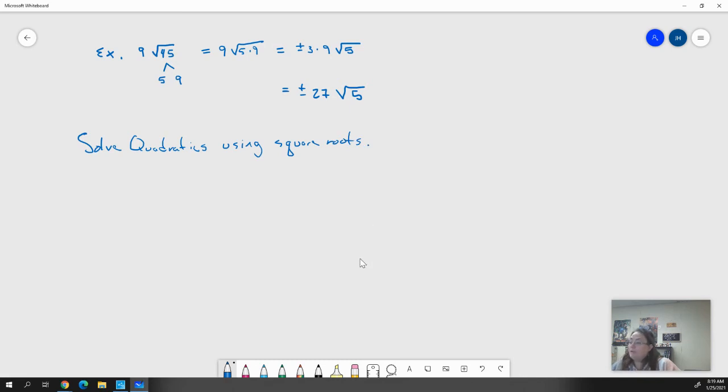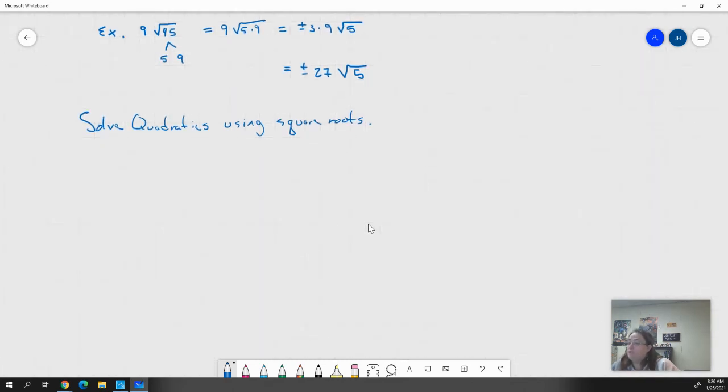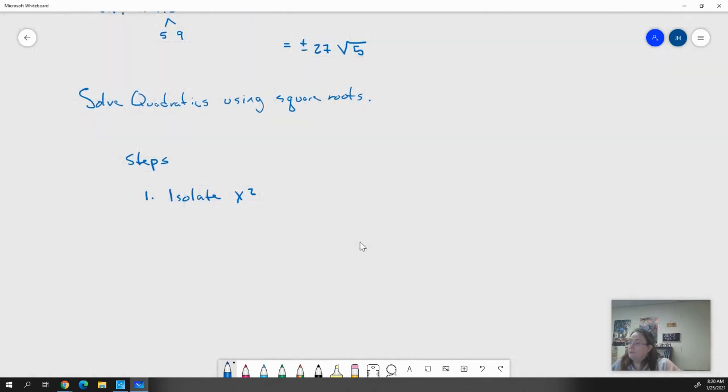The way we're going to do that is we're going to use some steps. Step 1, isolate your x squared. Step 2, take the square root of both sides.